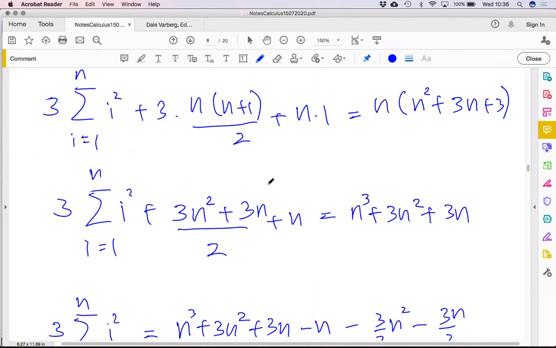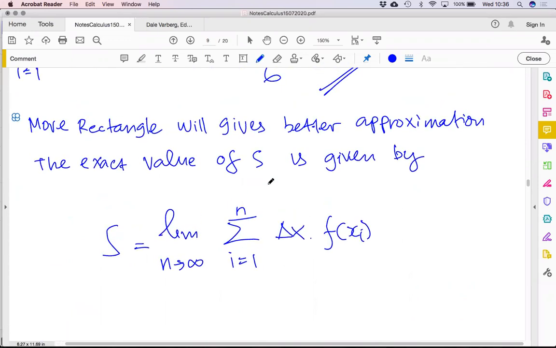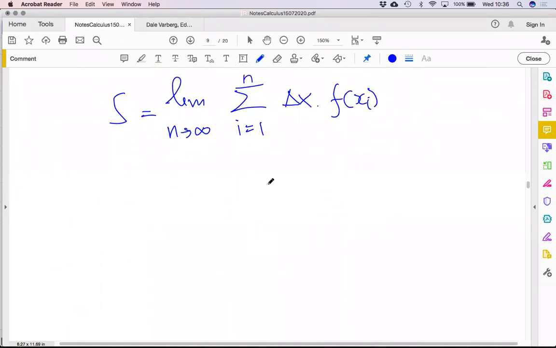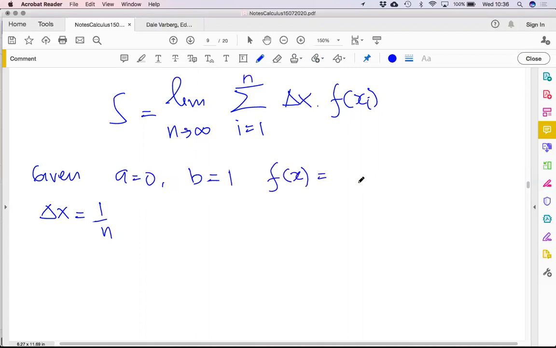Okay, let's see the example here. Previously, we already know f(xi). Given in our problem, delta x is 1 over n. In our case, A is 0, B equals 1, f(x) equals x squared.